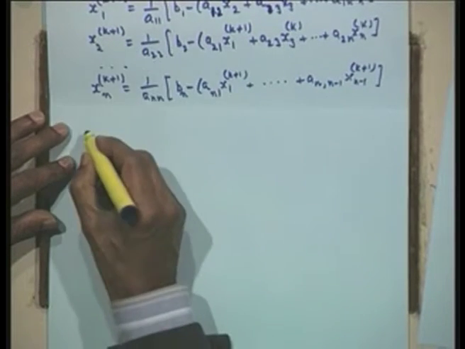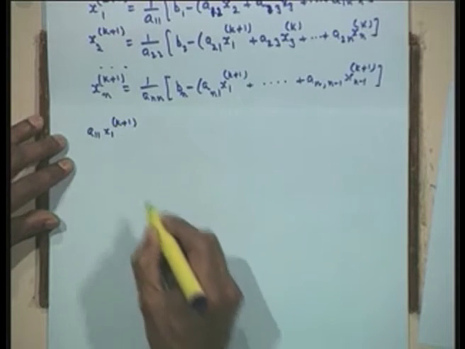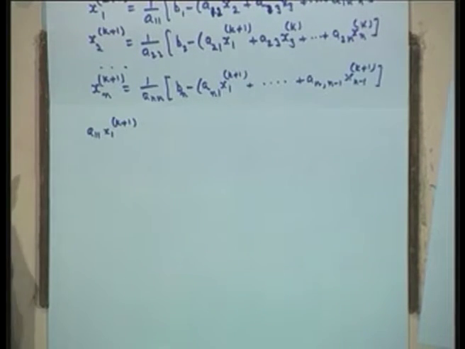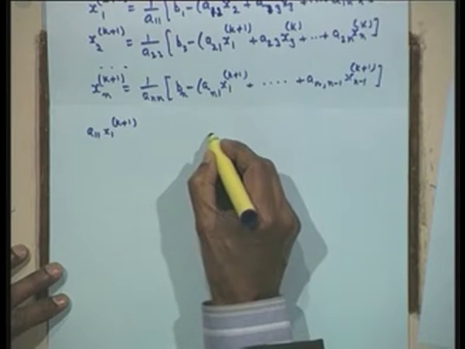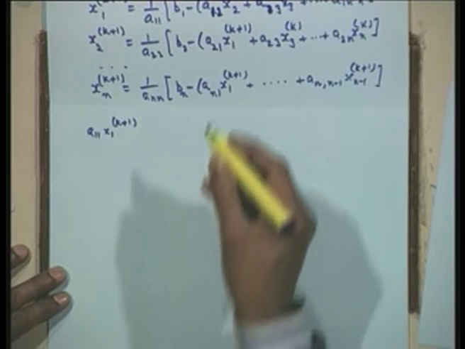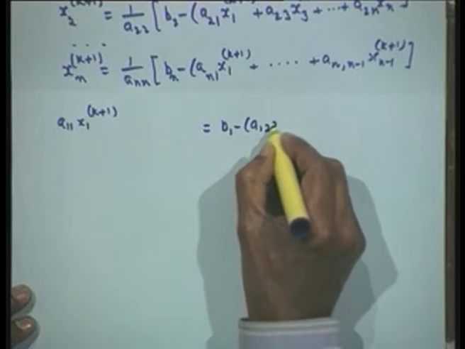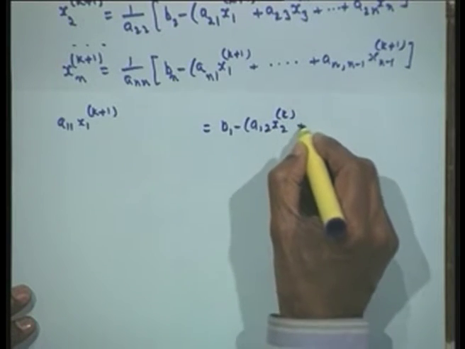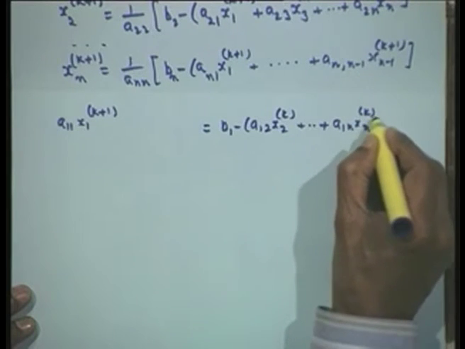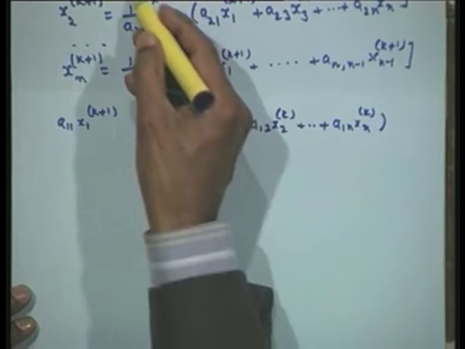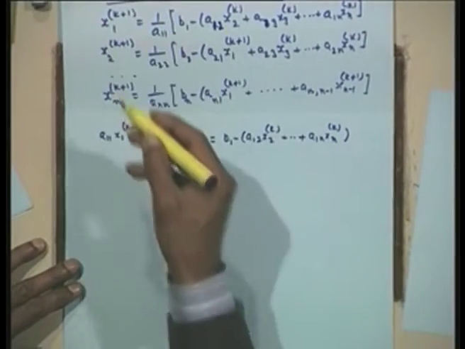This is a 1 1 x 1 k plus 1, and this will be equal to b 1 minus a 1 2 x 2 k, plus so on, a 1 n x n k. So, I am cross multiplying it and if there is a current iterate, I will take it to the left hand side; here there is nothing.